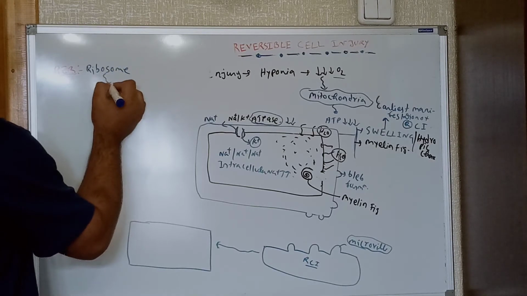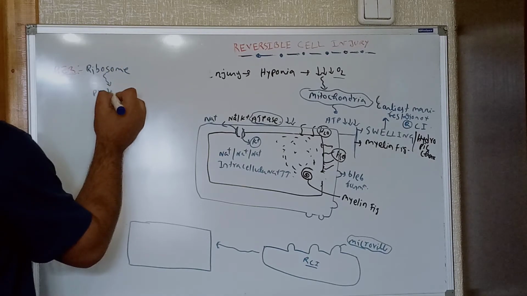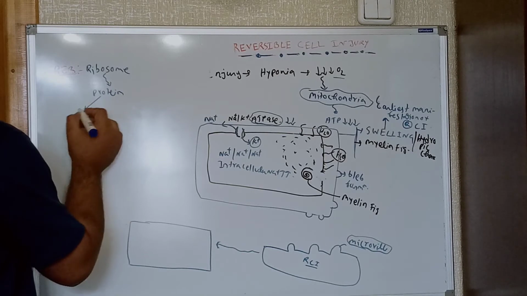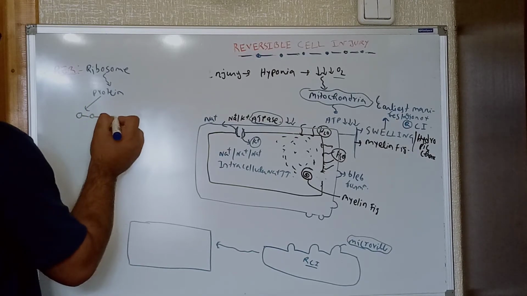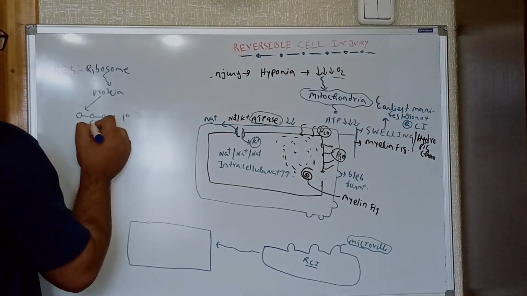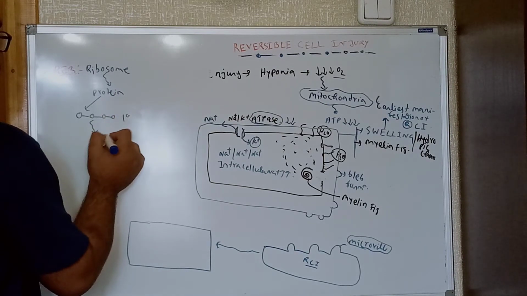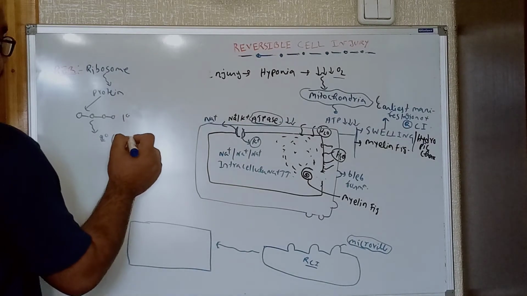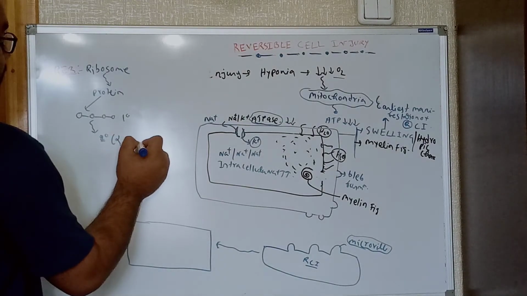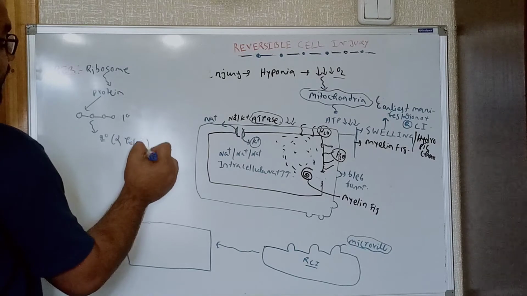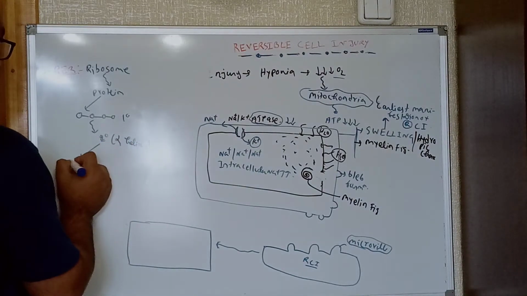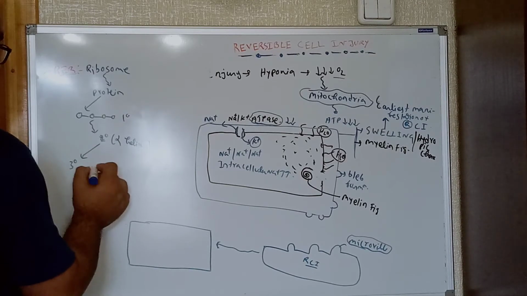Now whenever protein is formed, it has certain structures. First the primary structure, where there are peptide bonds. Then there is the secondary structure, where we see alpha helix or beta structures. Then we can get the tertiary structure and also the quaternary structure.